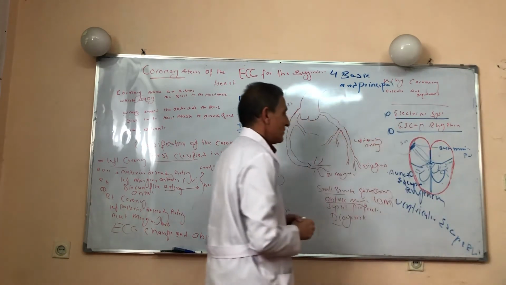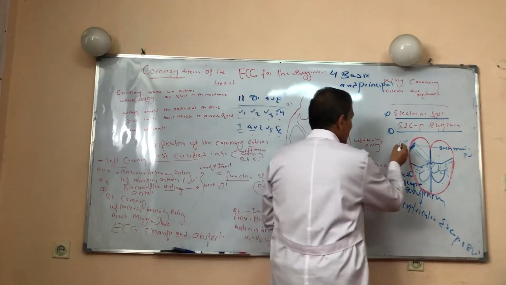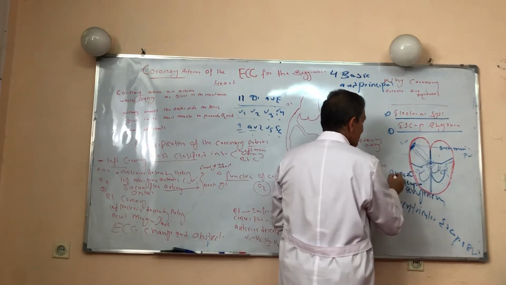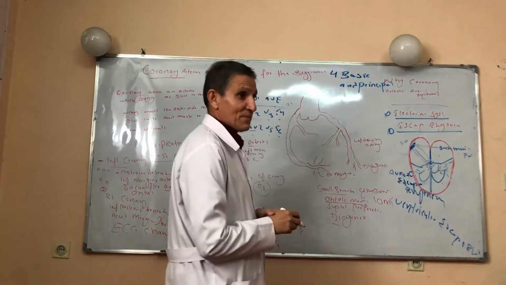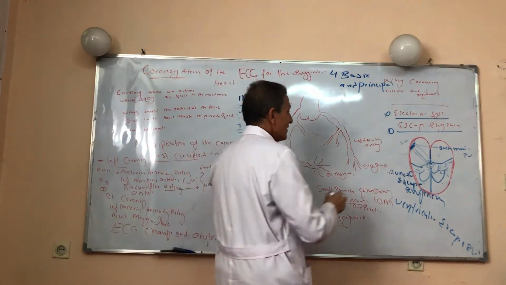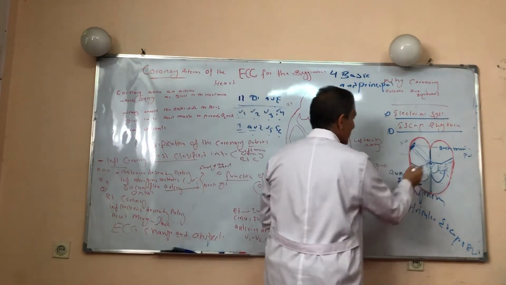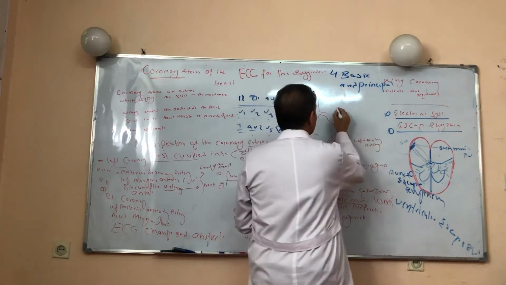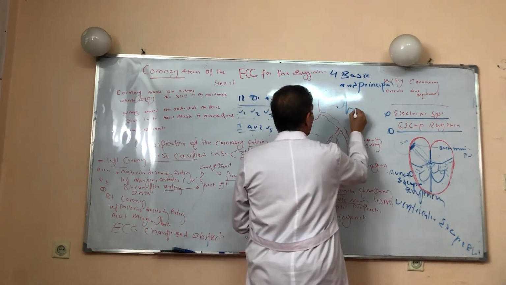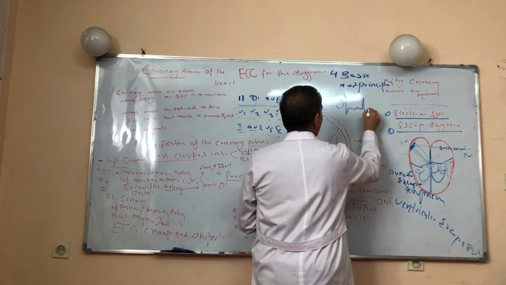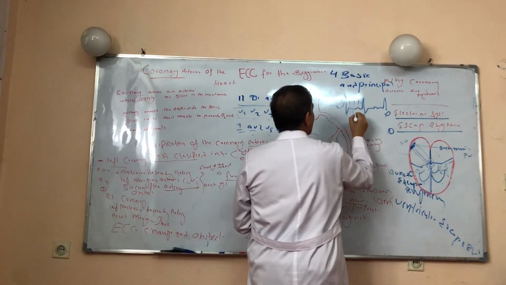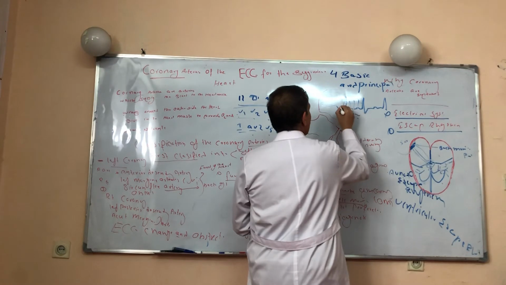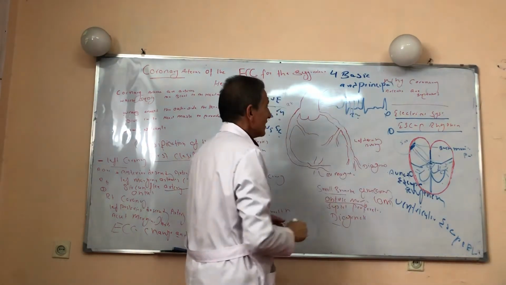How should we differentiate normal sinus rhythm from AV nodal escape rhythm and from ventricular escape rhythm? In normal sinus rhythm, the rate is about 72 beats per minute and P waves are present.